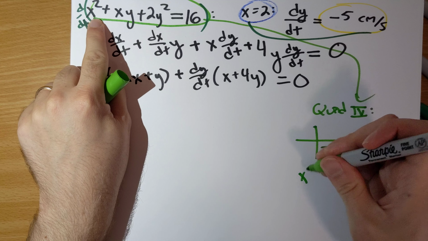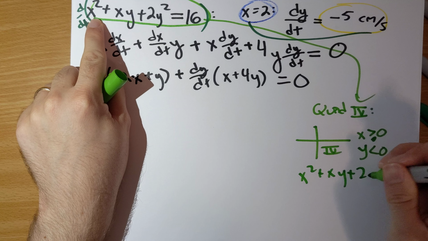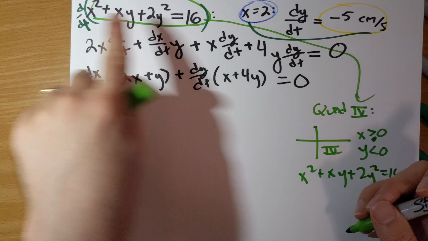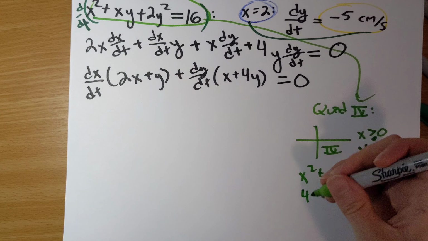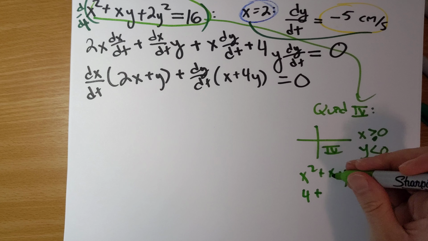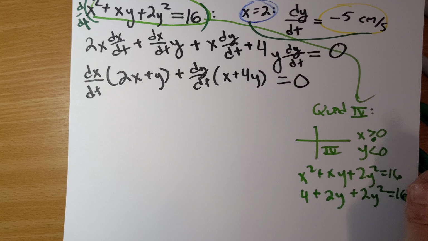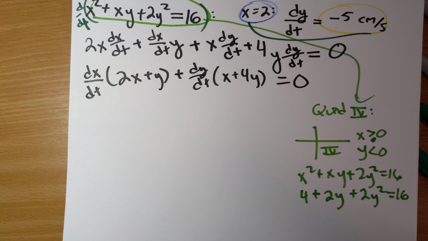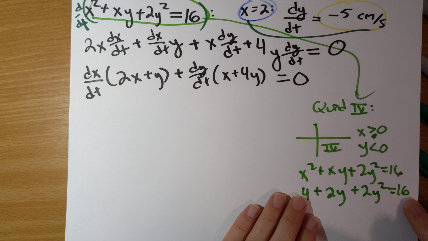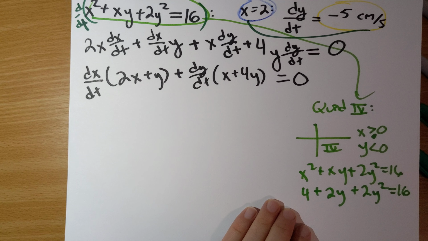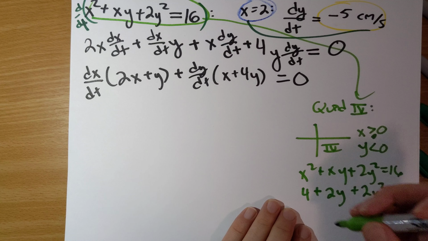So x squared plus xy plus 2y squared is equal to 16. x is equal to 2, let's plop that in. 2 squared is 4 plus 2y plus 2y squared is equal to 16. Divide everything here by 2 and move the 16 to the other side.